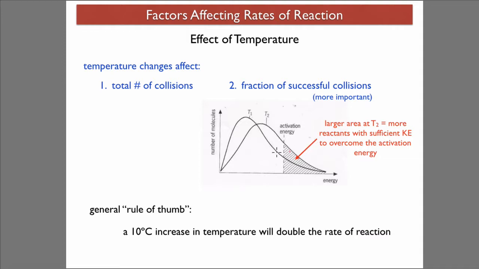You get a larger shaded area under the graph. It's the fraction of successful collisions which is more important. A general rule of thumb with temperature is that a 10 degree Celsius increase in temperature will double the rate of a reaction.